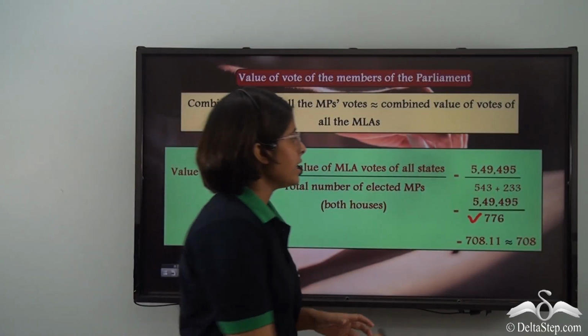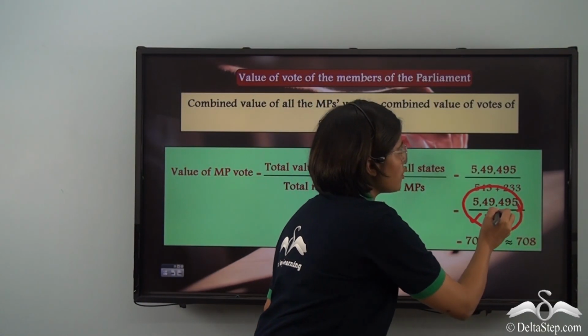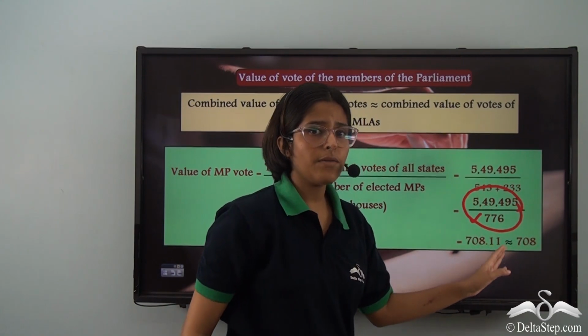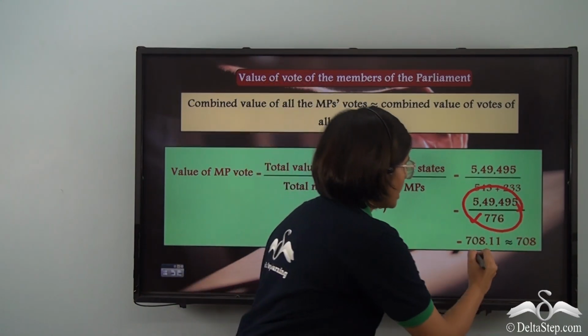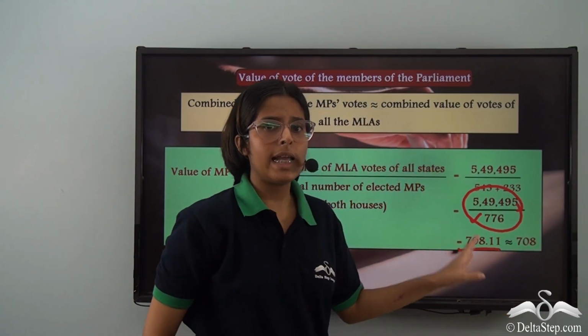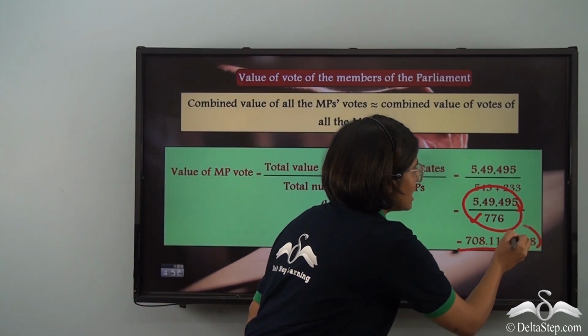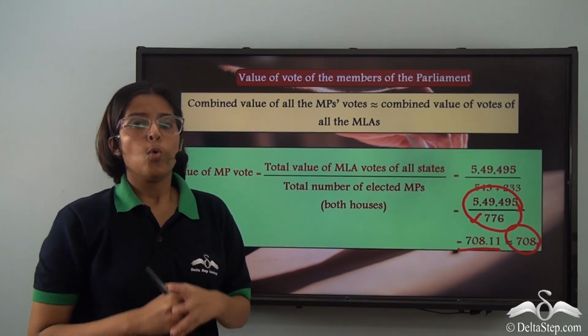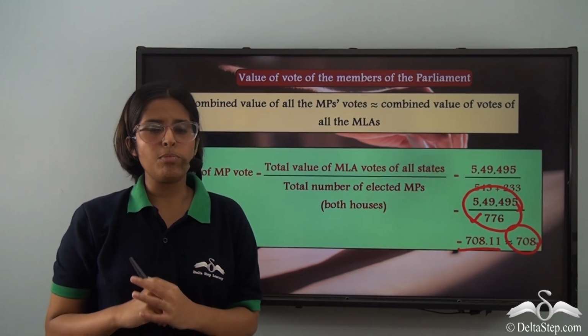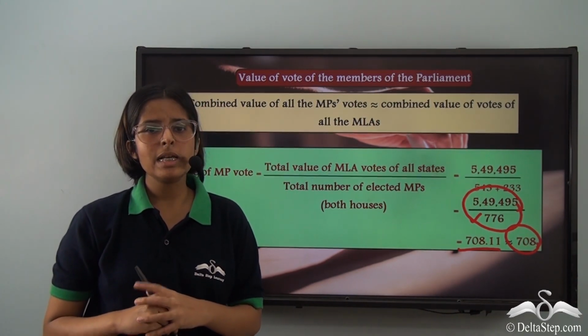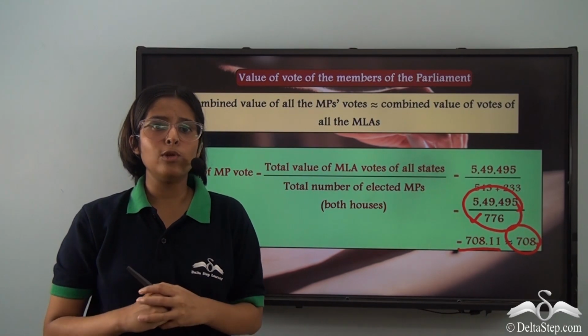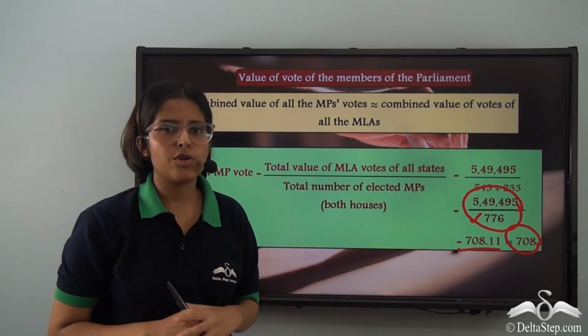Now when we divide 5,49,495 by 776, we get 708.11, which is approximately equal to 708, which means that one MP or one member of parliament is entitled to a value of vote which is 708.